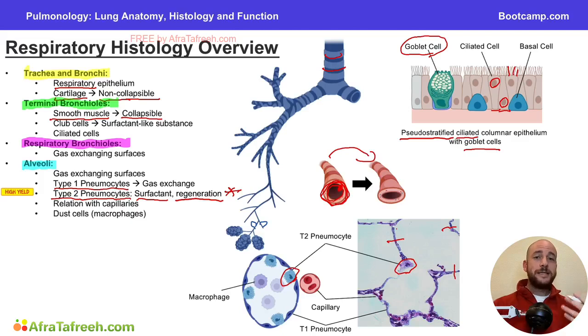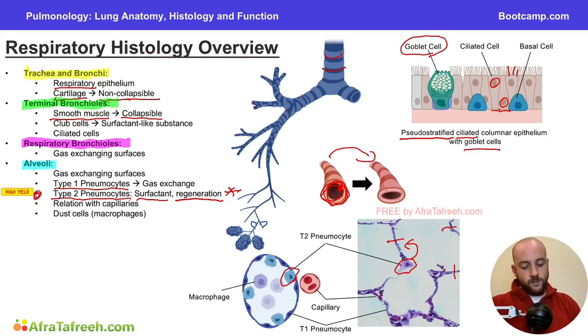So how do we replenish or regenerate these type 1 pneumocytes? Well, the type 2 pneumocytes can actually proliferate and give rise to new type 1 pneumocytes. So classic question, whenever there's lung injury, what cell is involved in repair or regeneration of lung tissue? And the answer is always going to be type 2 pneumocytes.